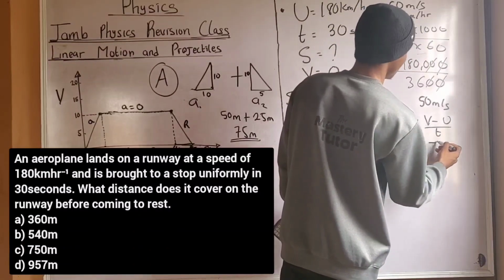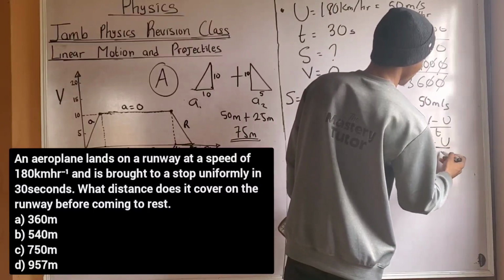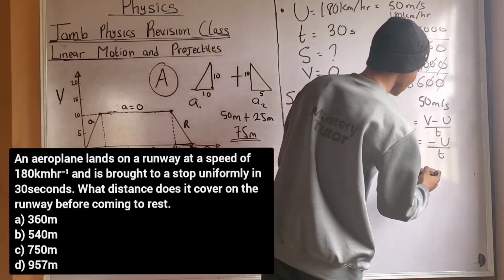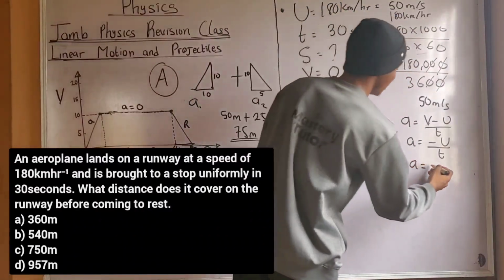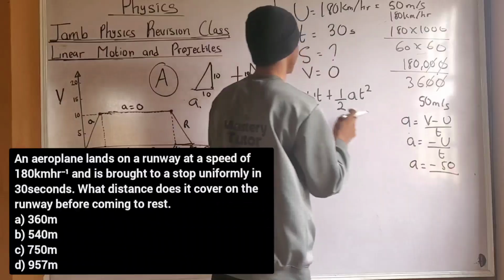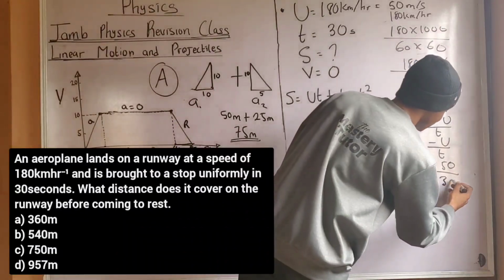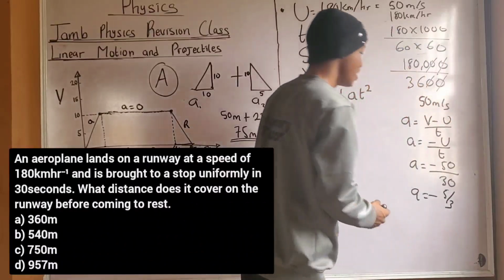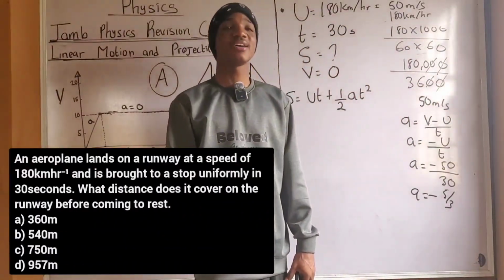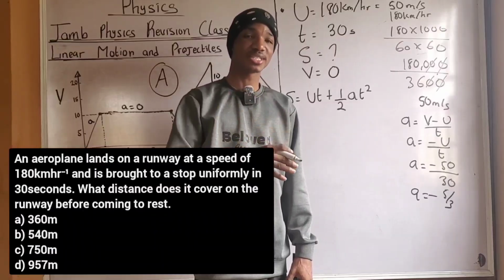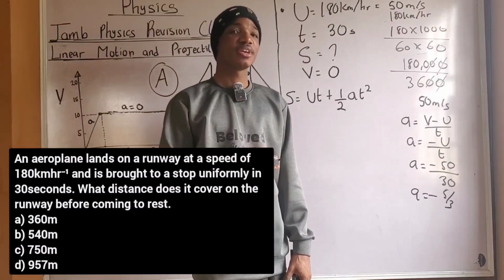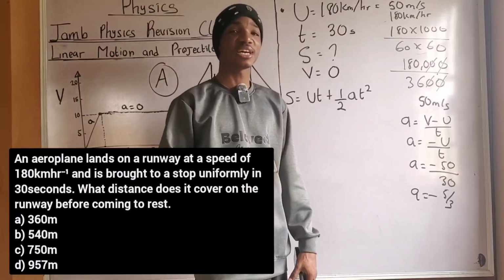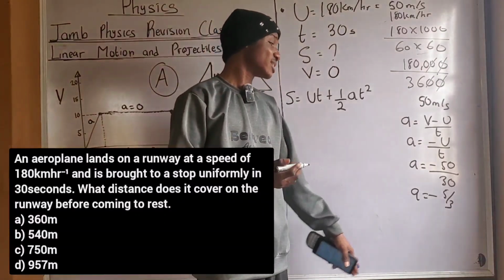A equals negative u all over t, right? Because the final velocity is 0. So acceleration equals negative 50 all over the time taken. The time is 30, so I'm going to have all over 30. Acceleration equals negative 5 all over 3. The reason why we have negative is because the aeroplane is coming to rest. Are you getting it? This acceleration is retardation, and that is the kind of acceleration that brings the motion of an object to rest. So that is why we have the negative sign.